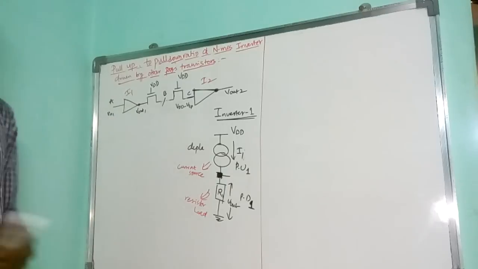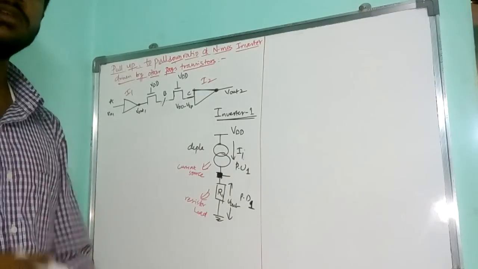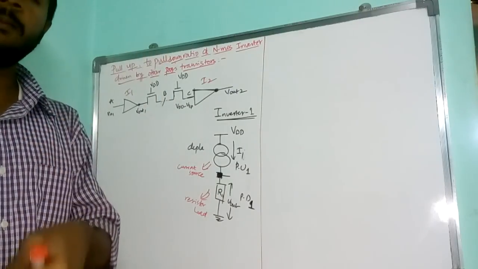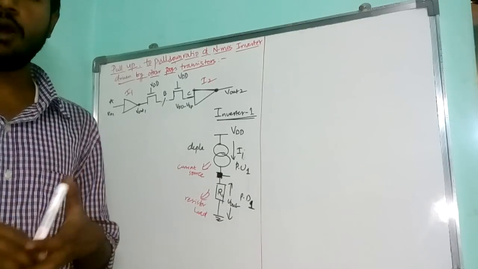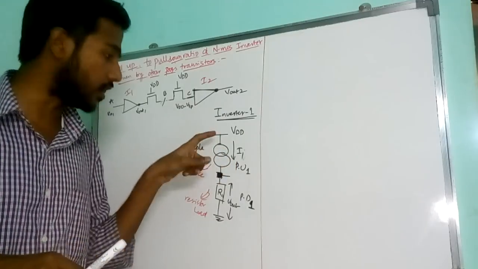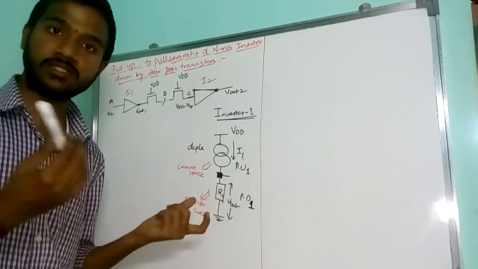Consider the first inverter. It has two transistors, one is a pull down transistor, one is a pull up transistor. My pull up transistor is a depletion mode, my pull down transistor is in enhancement mode. So when I am operating this inverter, my pull up transistor acts as a current source, my pull down transistor acts as a resistor, whereas a resistor is a linear device.